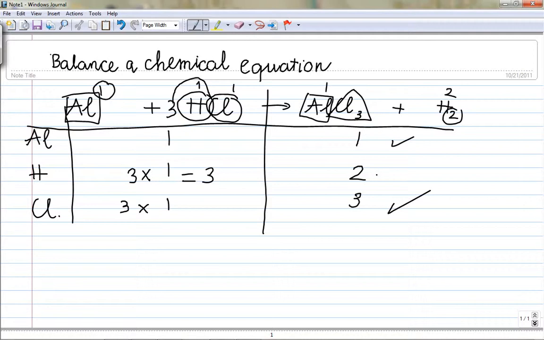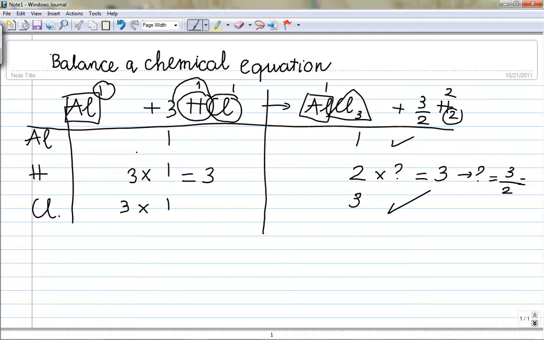So I have to multiply by some coefficient right here to get a total of 3 atoms of hydrogen on both sides. So what should this question mark be? This question mark should be 3 divided by 2, which is 3/2. So our coefficient on the right hand side for hydrogen should be 3/2.